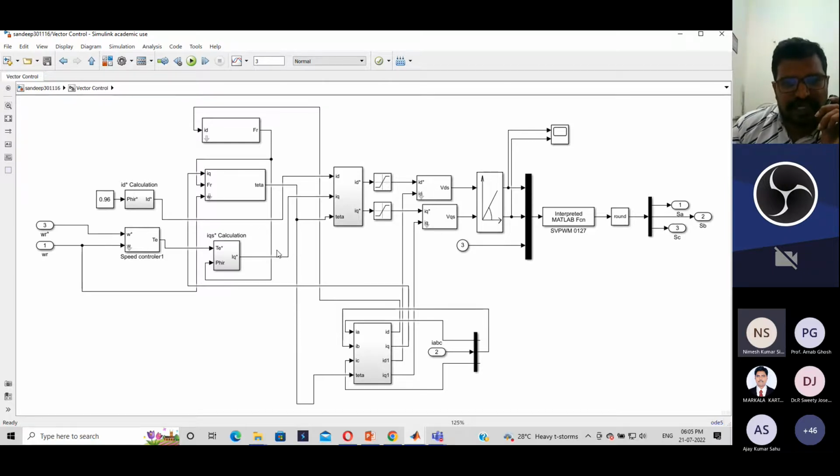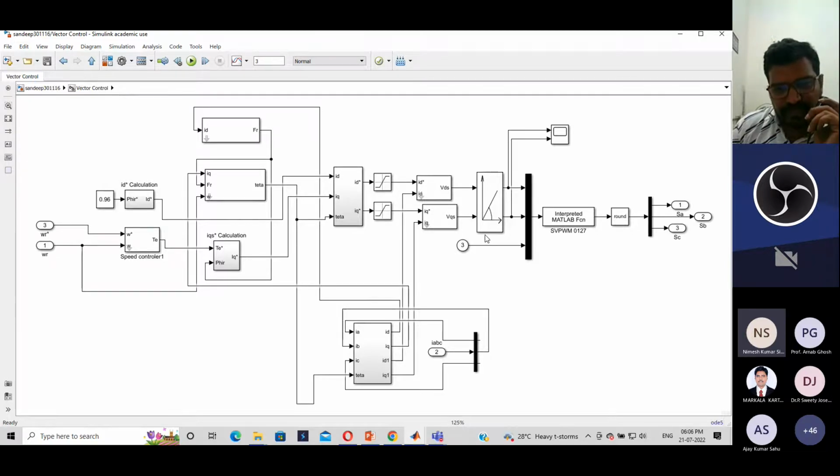Once we know this ID and IQ, we can generate the reference values of VDS and VQS. Once you get the VDS and VQS, you can get the V reference. I have also transformed this VDS and VQS into Vr at an angle of theta, which is nothing but the reference voltage at an angle of theta.